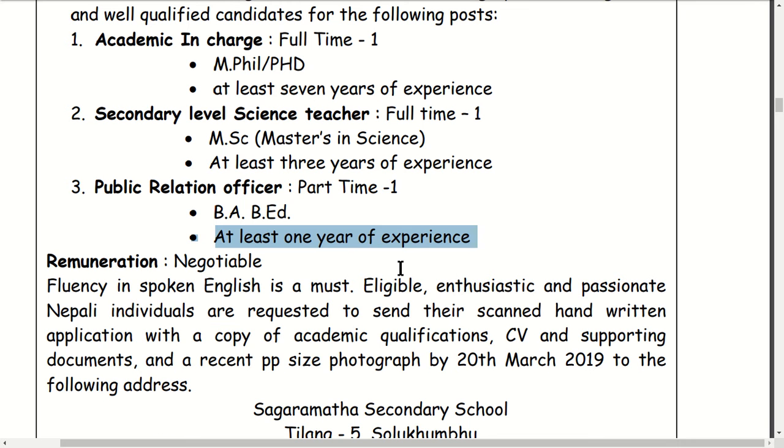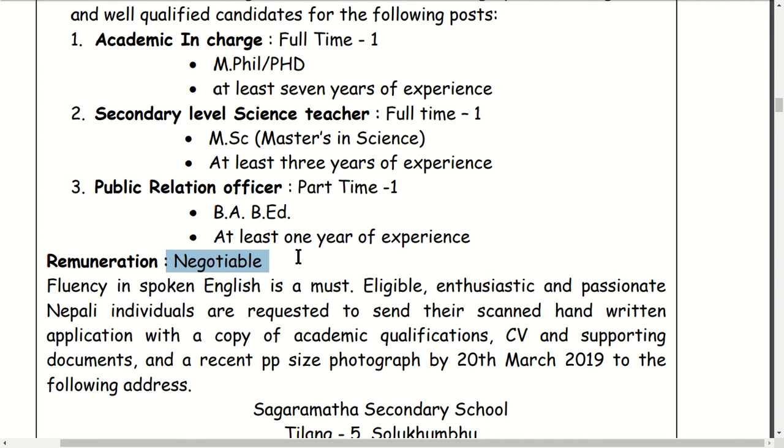And what are the facilities, what is the remuneration, meaning pay, salary, etc.? This is negotiable. Negotiable means after discussion, the pay scale will be fixed. Okay, what kind of person is given priority? Generally fluency.